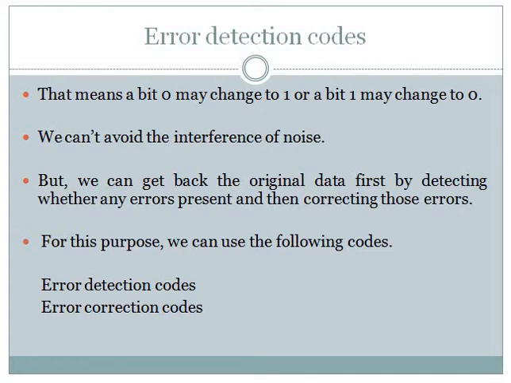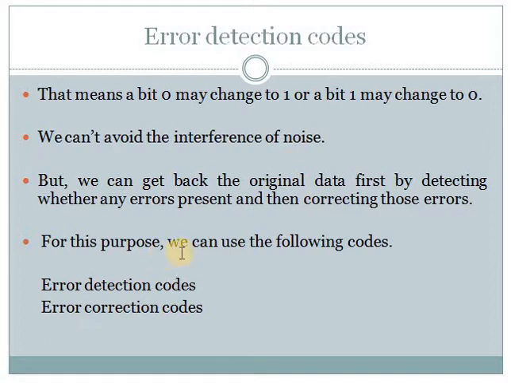So to overcome that, we send a parity bit along with the data. The parity bit will detect the error and we will rectify it later. We can get back the original data by first detecting whether any error is present and then correcting those errors.